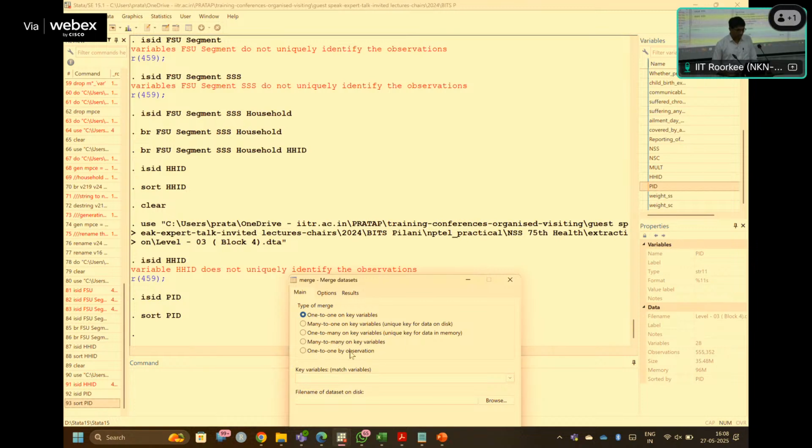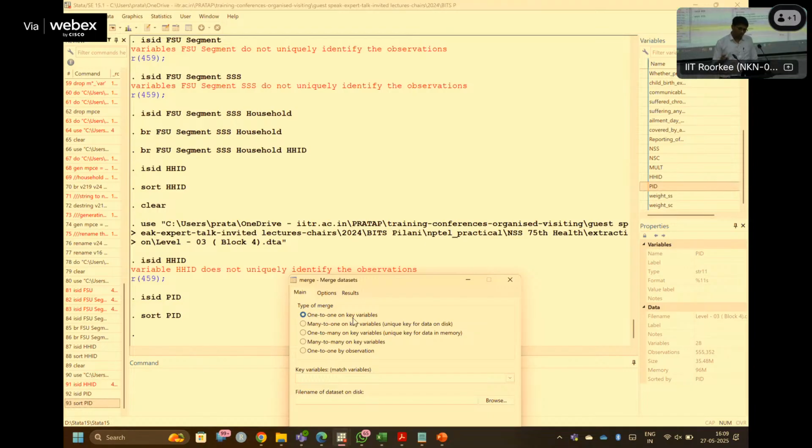The last two are not suggested, as there is a possibility of errors. One to one is used if both files are of the same nature, like if they are both individual files or both household level files. At this moment, those are of different nature.